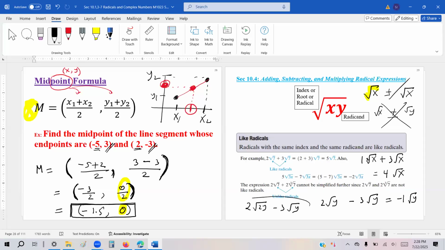Can I write 2y as 2 times y, and then split it up? Does it help you?